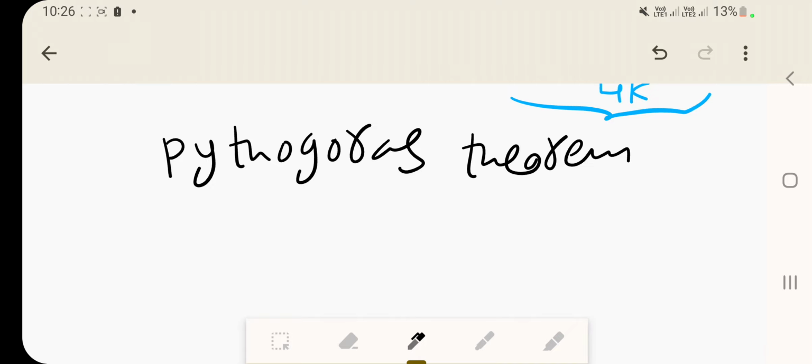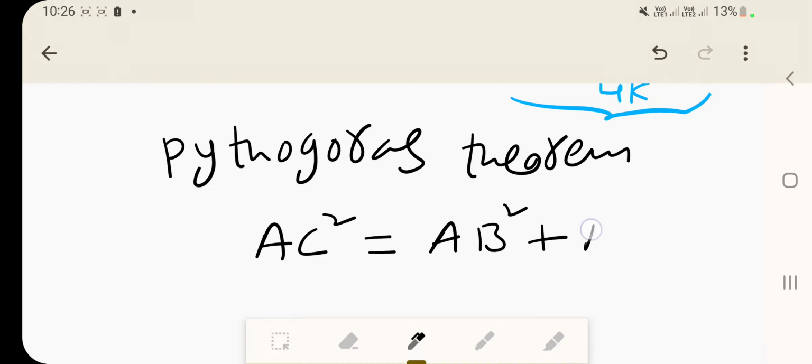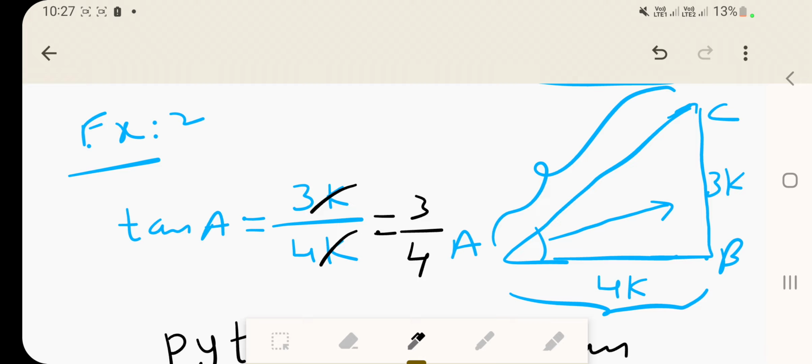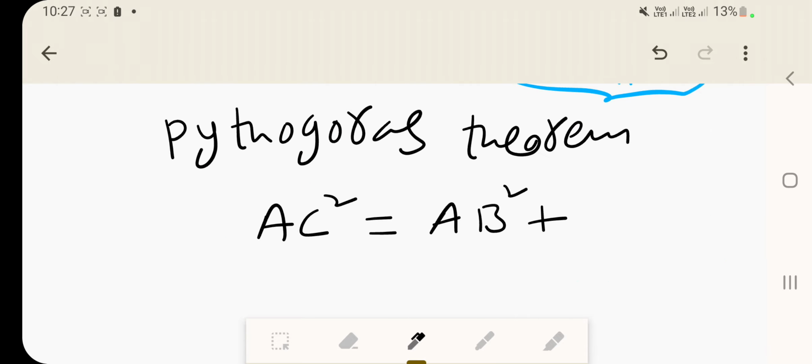The Pythagoras theorem states that the square of the hypotenuse is equal to the sum of the squares of the opposite side and adjacent side. AC is the hypotenuse, so AC square is equal to BC square plus AB square. This is what the Pythagoras theorem states.